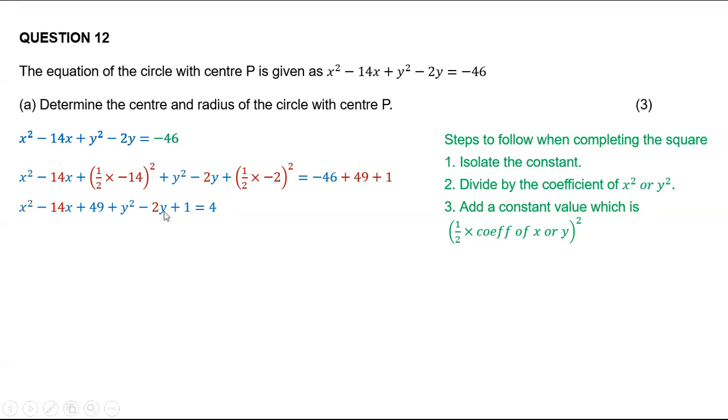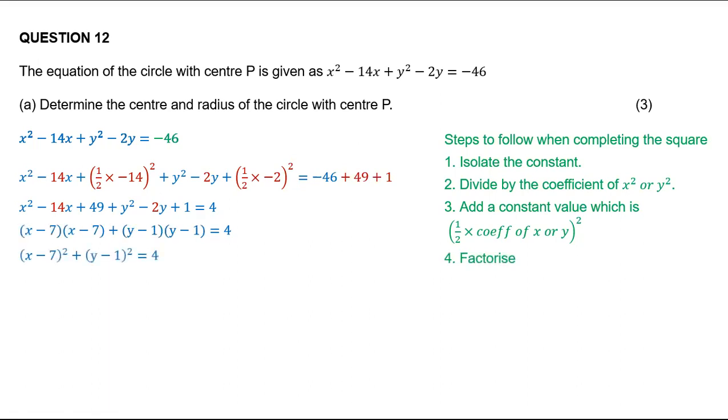Similarly here, find the factors of 1. When you add them, they should give you 2, and both brackets will take the sign of this middle term here, which is negative. You will get to this, and when you factorize, you will get that.